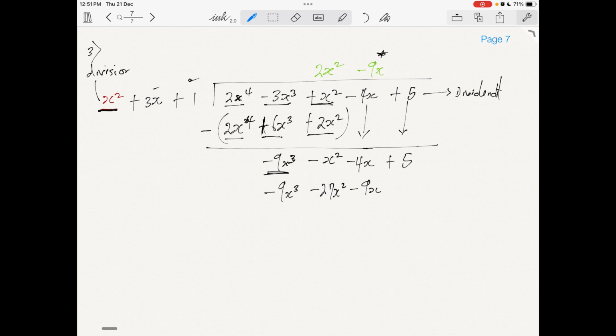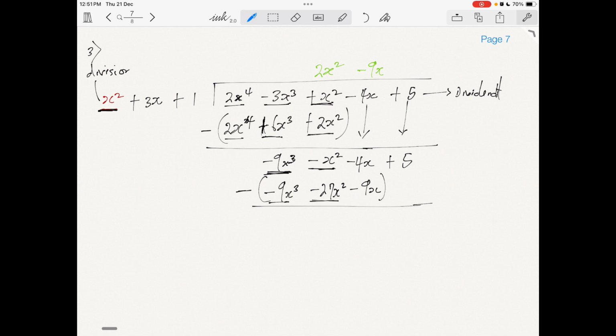So thereafter, we subtract the result from the previous result, right? So in that we have minus 9x minus 9x will give us 0.